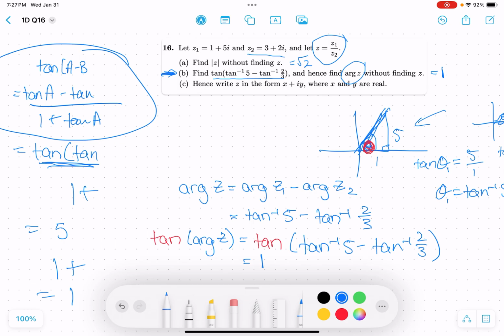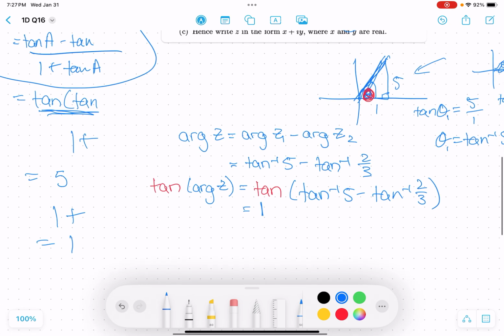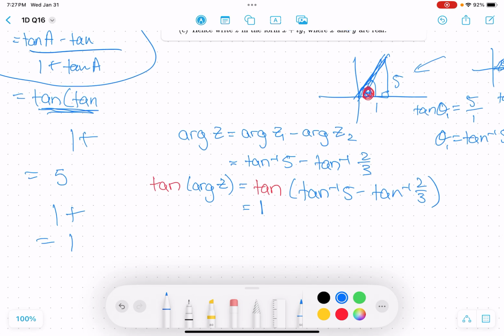So if I just want to find arg z, I need to inverse tan both sides. I'll do it in 1 step. So I'm inverse tanning tan of arg z, and I'm inverse tanning 1.